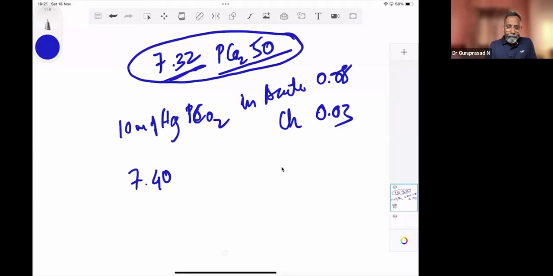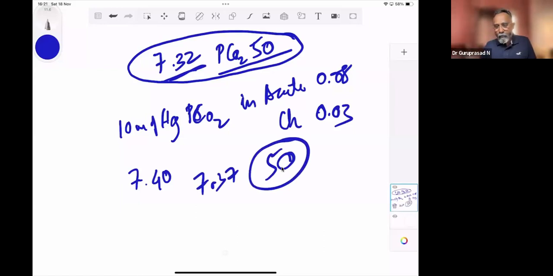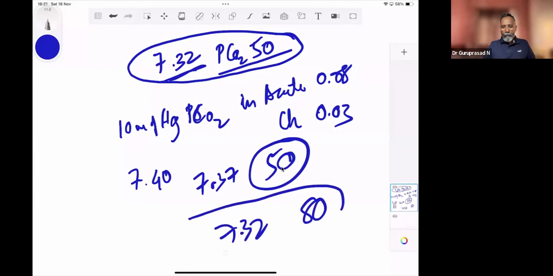Are you getting it? Yes. If it was a chronic respiratory acidosis, the pH should have been 7.37 with a PCO2 of 50. The best clue is if they give you a PCO2 of 80 and a pH of 7.32, you can easily say that this is a chronic respiratory acidosis.